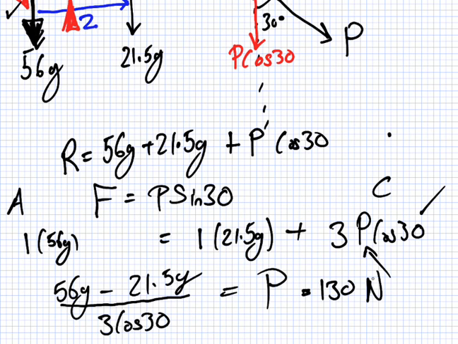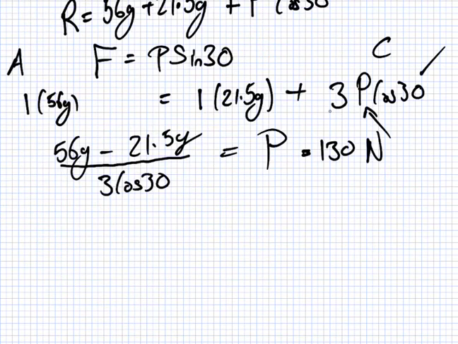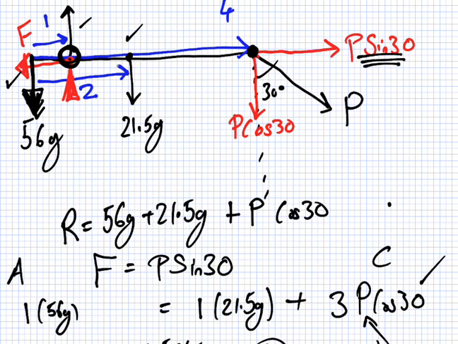The way Kuhn and I did it was we took it from the end. Yeah, it should still get the same answer. But the thing is, the advantage of using this point is I know my equation will be simpler, that it will only have P in it, because the OR here will disappear from the equation, because it's gone through the point.